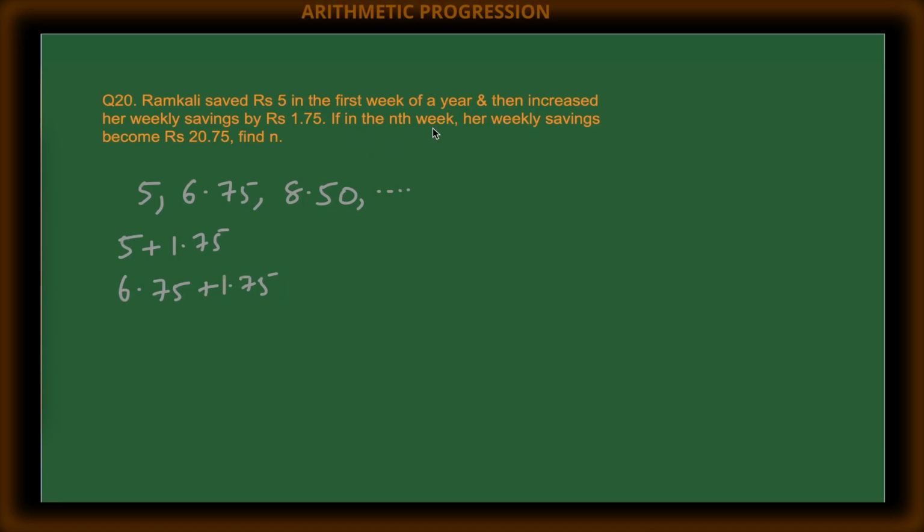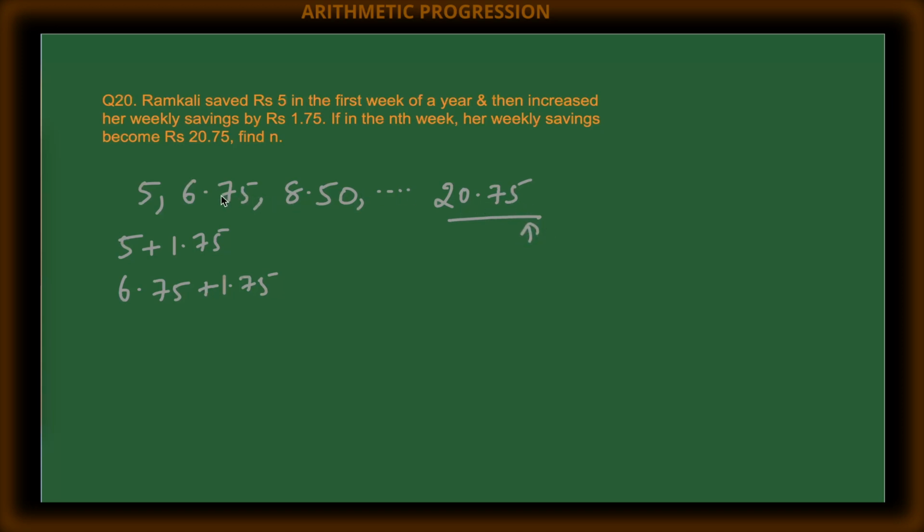Okay, if in the nth week her weekly savings become ₹20.75, at one point of time her weekly savings becomes 20.75. And what is to find? Find n. So it is asking at which week this became 20.75.